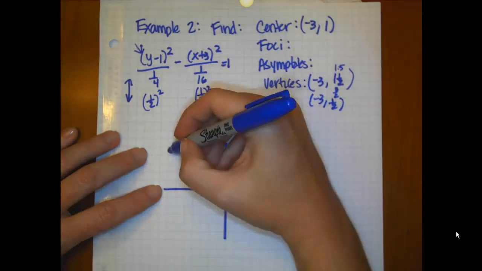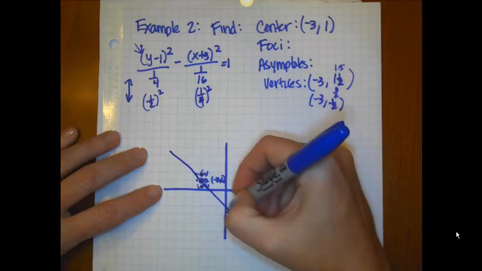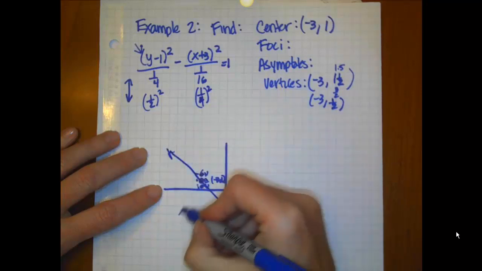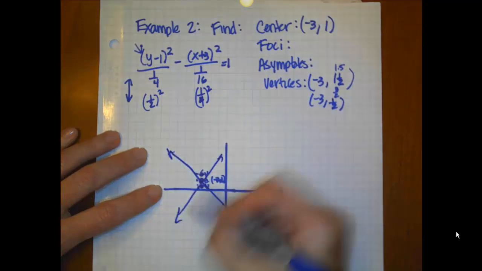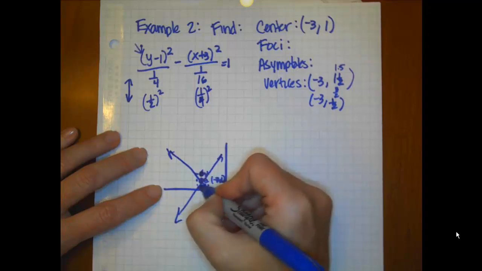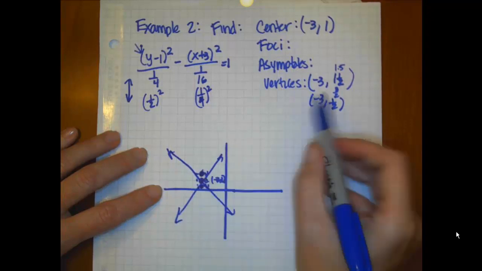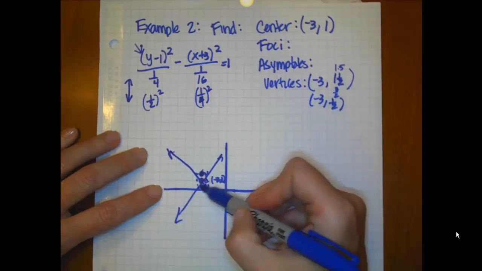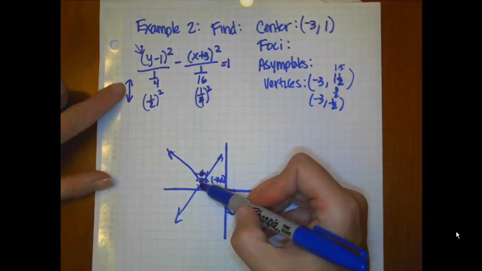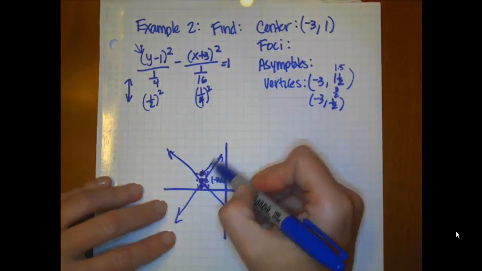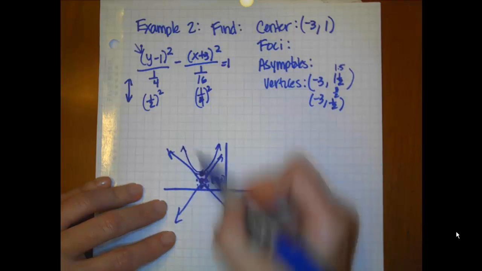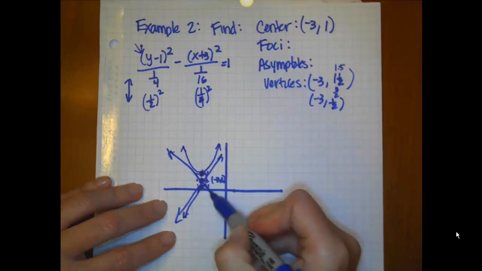So I'm going to have one set of asymptotes going this way and another set of asymptotes going this way. So remember, my vertices were at negative 3, 1 1/2, and negative 3, 1/2. I have a vertical transverse axis. So the branches of my hyperbola are going to be going up and down like this.